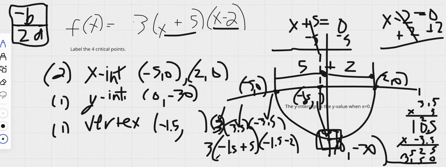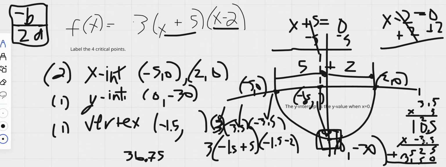Right now we're going to add these. 5 plus 0 is 5. 2 plus 5 is 7. 5 plus 1 is 6. And 3. The two decimal points start over here. 36.75, which sounds reasonable, right?